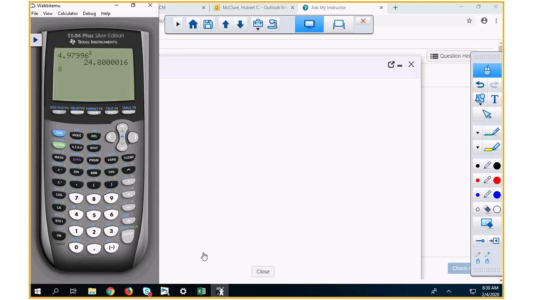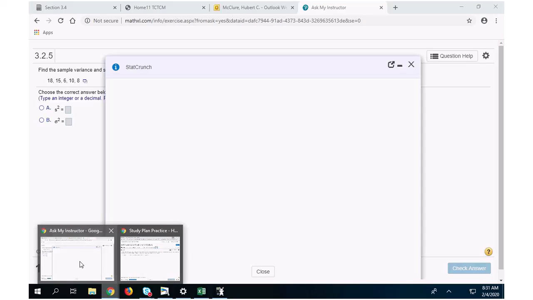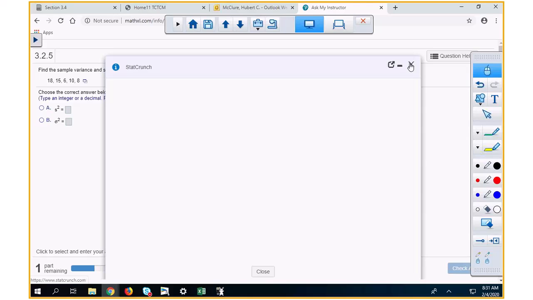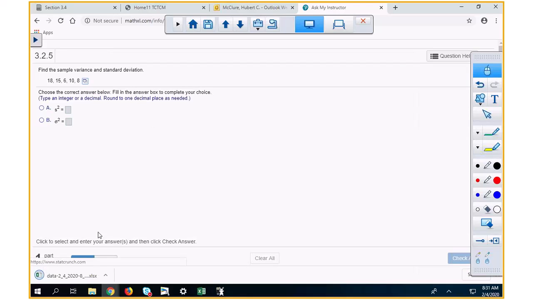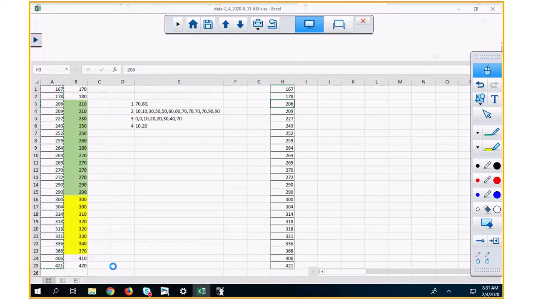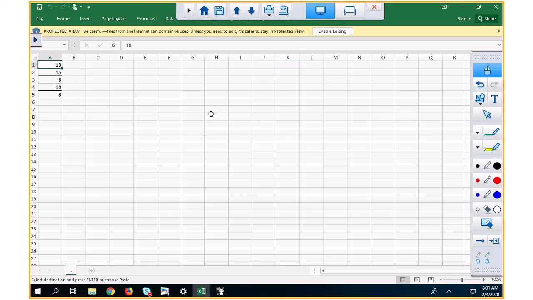We could also take it over to our handy-dandy Excel spreadsheet. I can't find it. Where is it? Is that it? Yeah. You will have to find the mean to do it. I'm just going to find the variance.